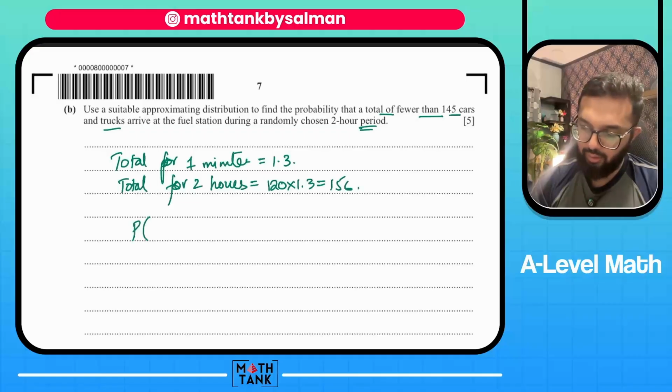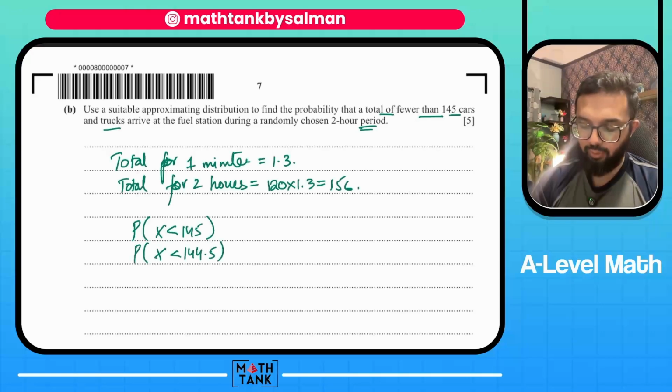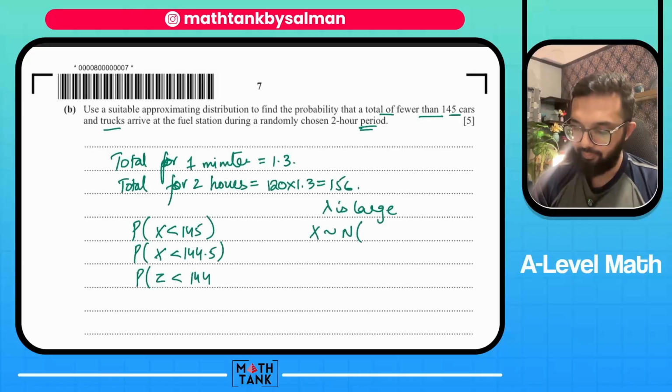I want the probability that fewer than 145. Okay. So I have to first do a continuity correction. Why? Because I'm going to use the normal distribution now. Lambda is large. X then follows a normal distribution with 156 comma 156.